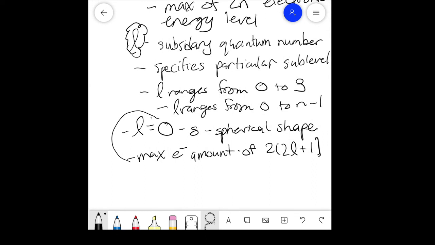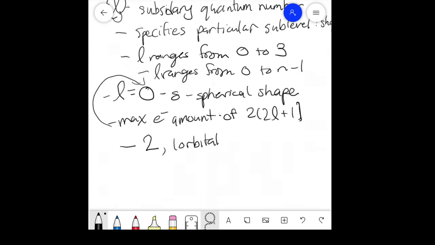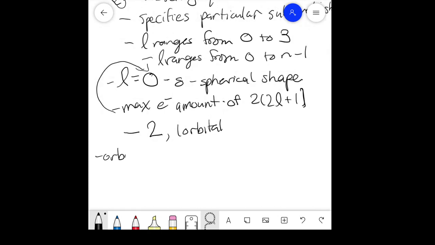So for L equals 0, the max amount of electrons you can have is 2. That's why there is 1 orbital, because orbitals can have a max of 1 pair of electrons.